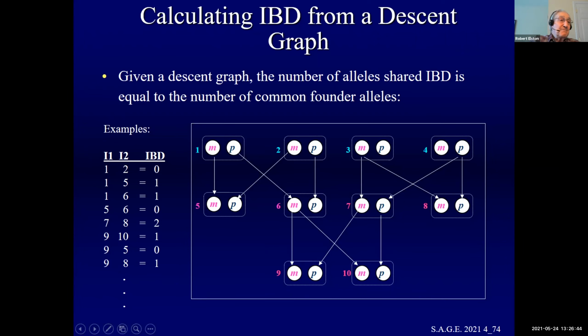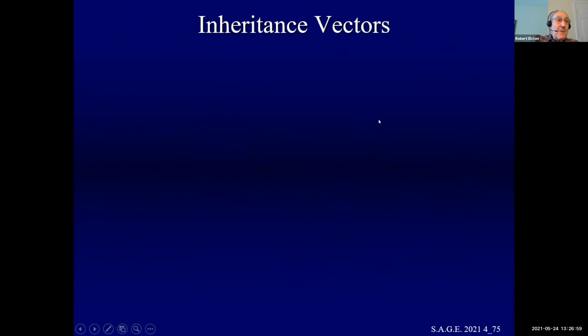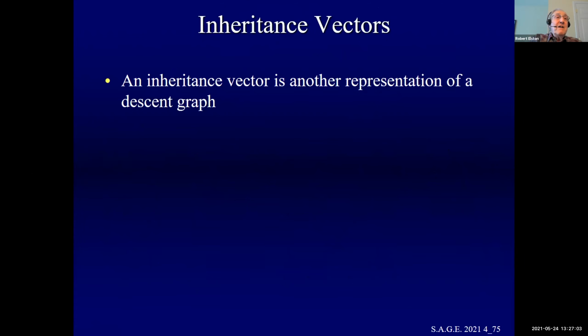So now, given the descent graph, remember the number of alleles shared identical by descent is equal to the number of common founder alleles. Inheritance vectors. So an inheritance vector is another representation of a descent graph. So it's telling us the descent graph. That's what it is.